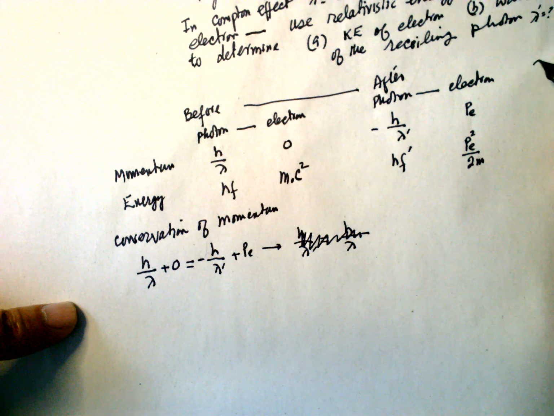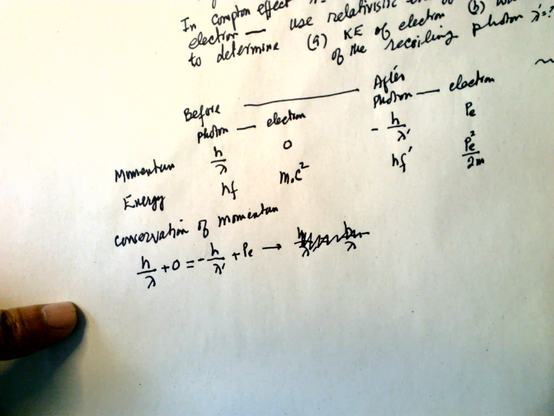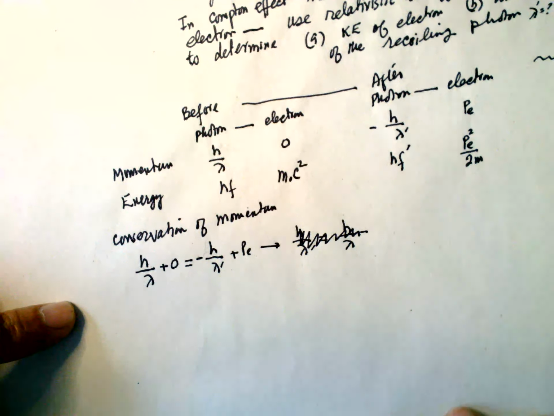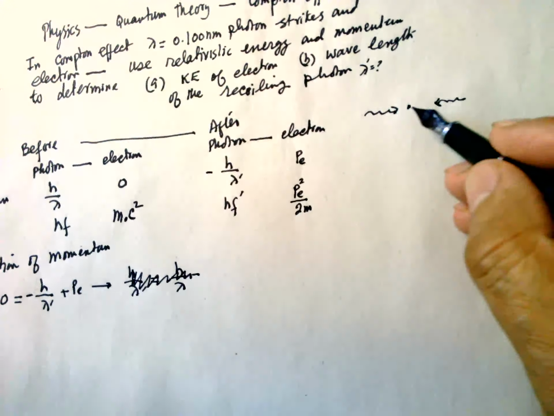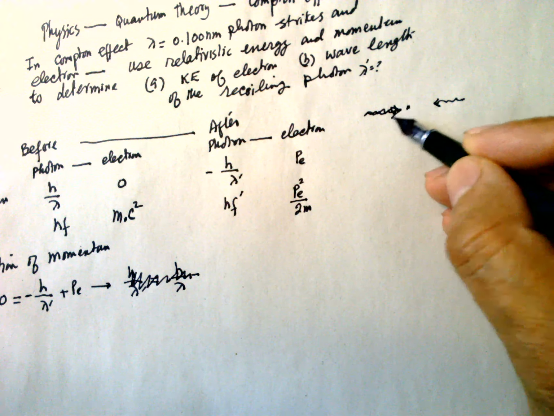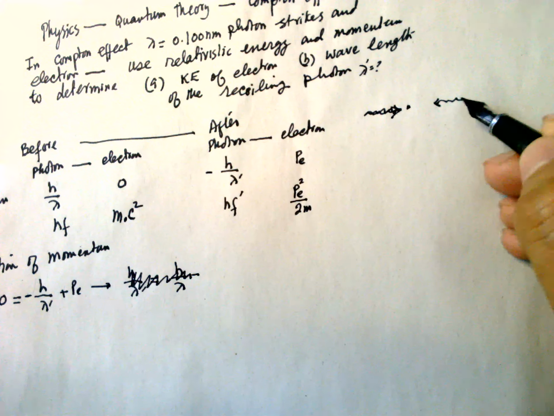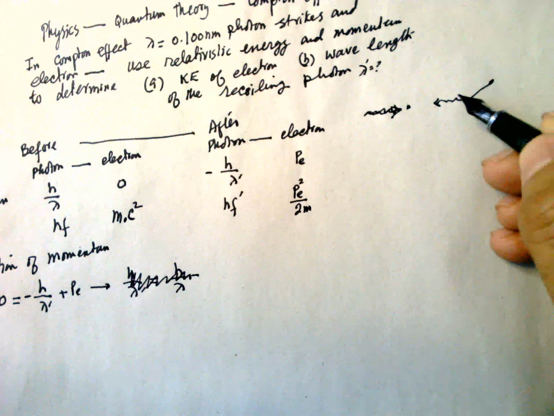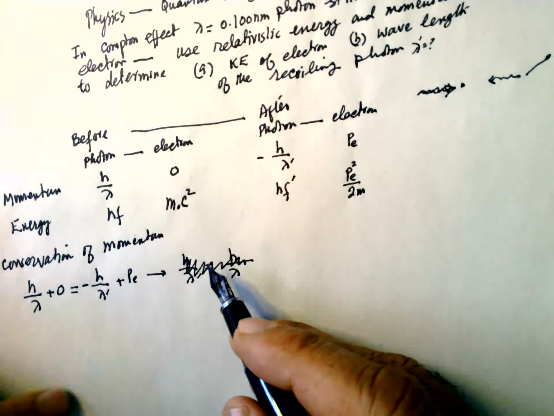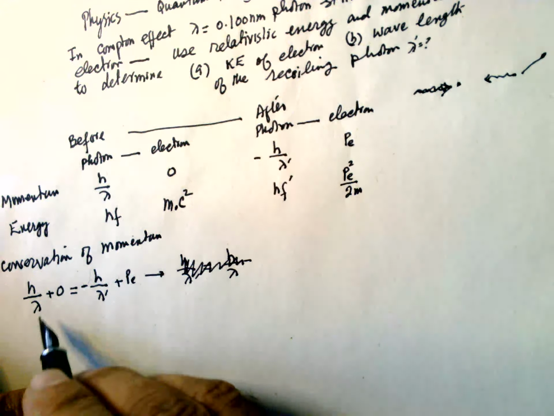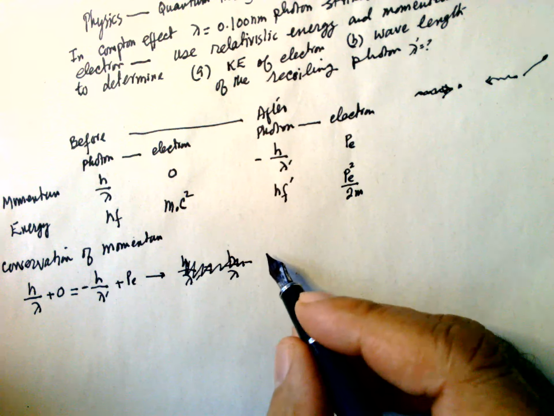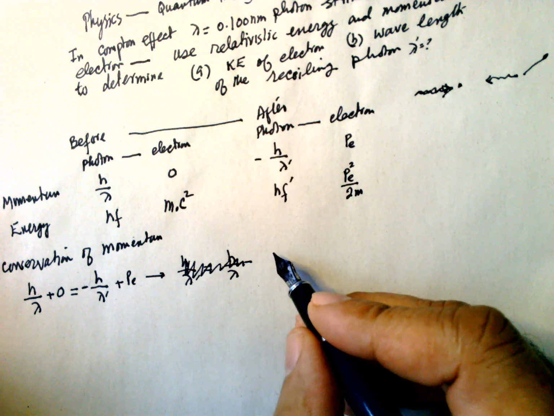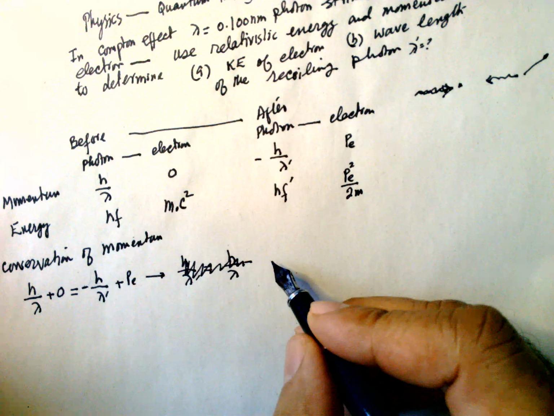First the photon will go this direction, and after hitting, that photon will come back, and the electron will go in this direction. So this will be negative.